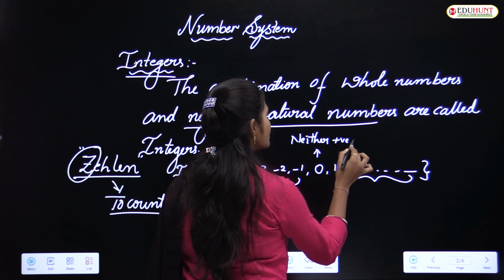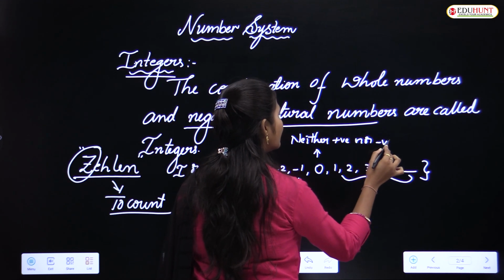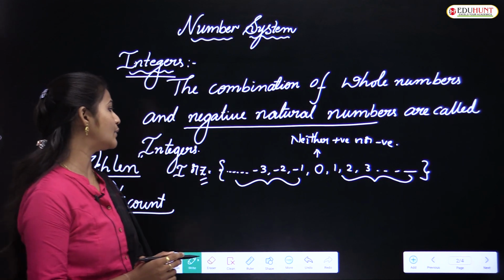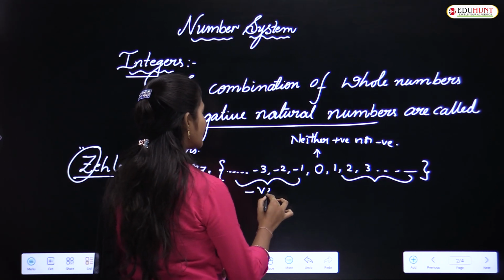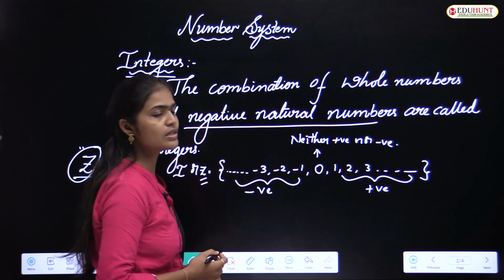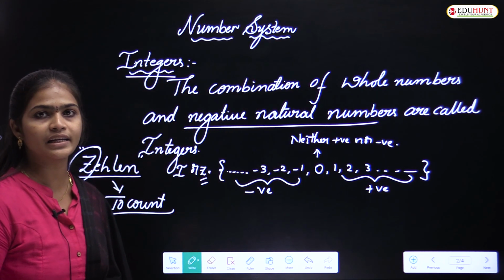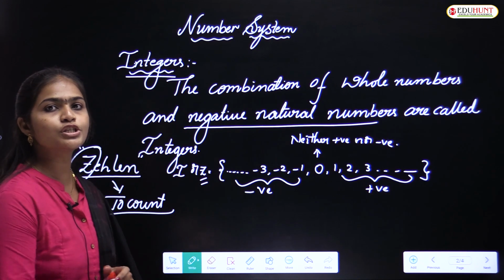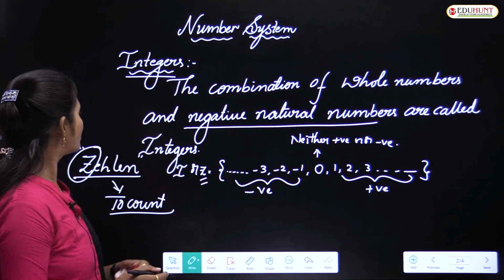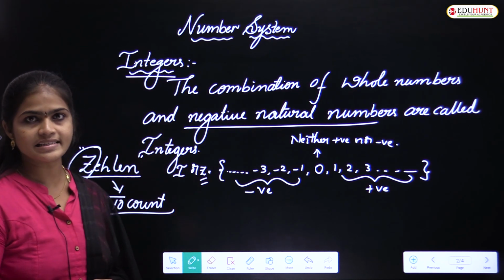These integers are negative integers and these are positive integers. 0 is neither a positive integer nor a negative integer. So this is the set of integers.